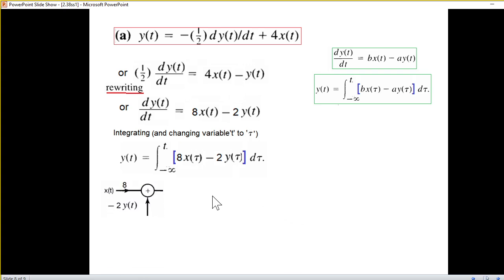And as we discussed in the previous slide, the input here is x multiplied by 8, and the feedback is minus 2 y(t), and then we integrate this to get y(t). Now the feedback loop is we're just multiplying the output y(t) by minus 2 to get the feedback loop.